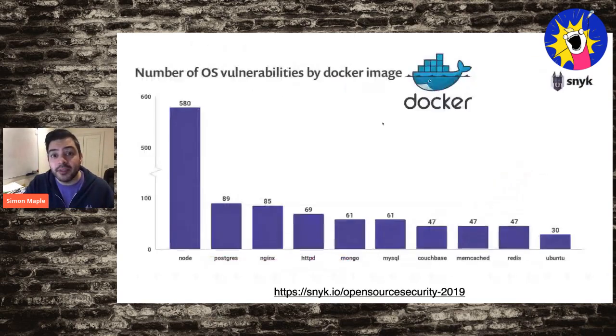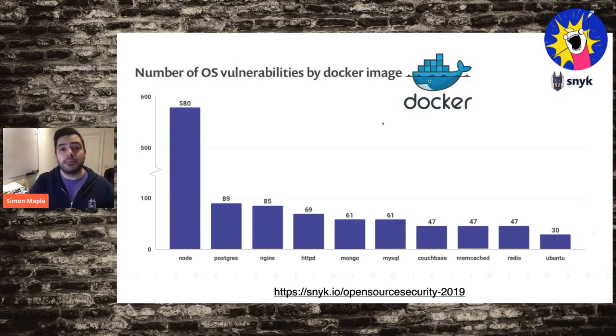And when we see the number of vulnerabilities that exist in Docker images and Docker containers, this is the top 10 Docker images. These stats are a little bit old, probably about a year old, but today's numbers are actually very similar. I think the top 10 are still 30 and above, and Node, I think, has dropped a little bit. But the key thing here is you have to understand that your Docker containers are full of OS vulnerabilities.